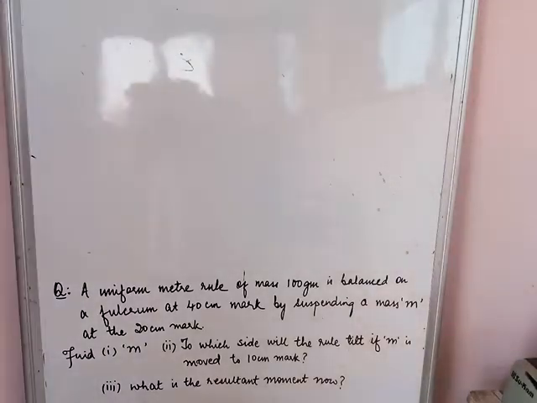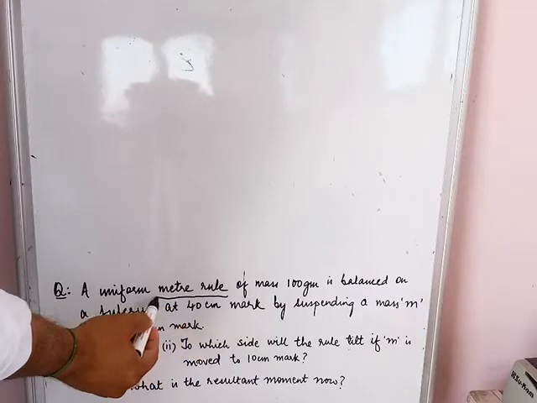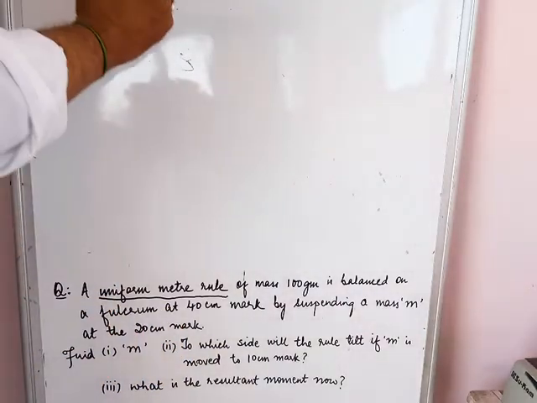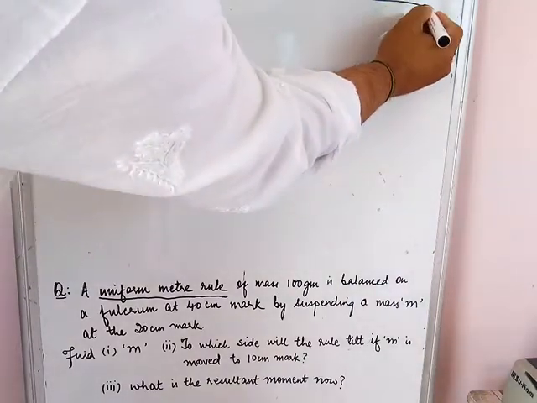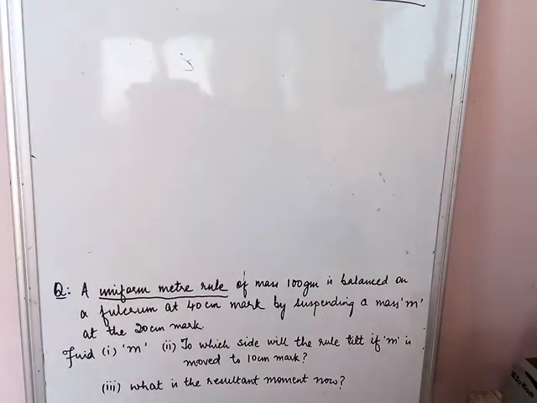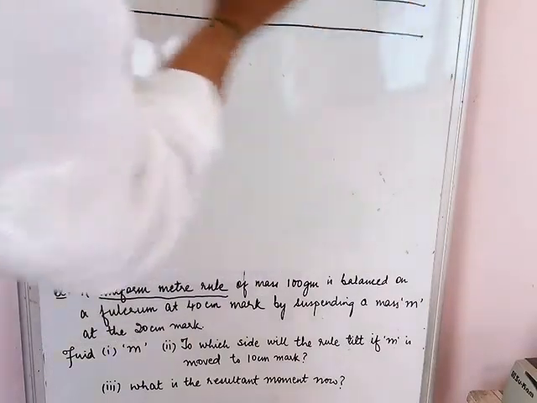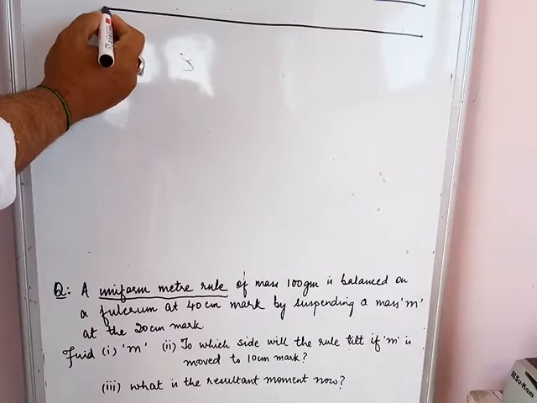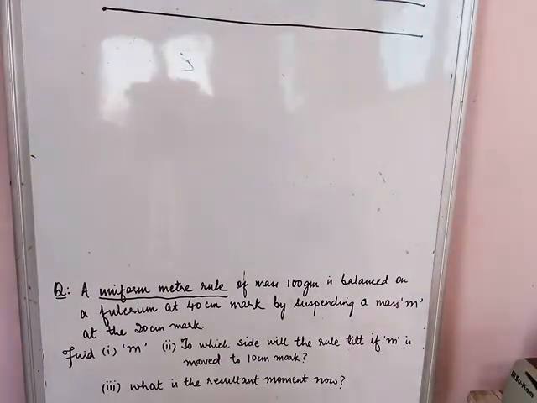The first important point over here is that it's a uniform meter rule. I'll just draw the meter rule for you. As you can see, a uniform meter rule I have drawn over here.